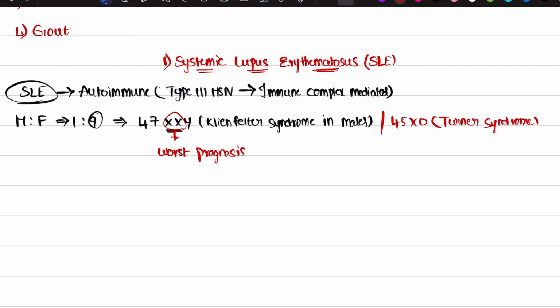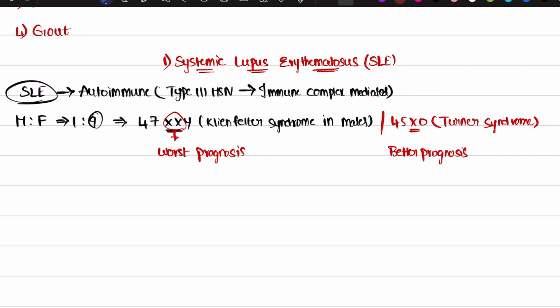In Turner syndrome, there is only one X chromosome when compared to Klinefelter syndrome. That's why it has a slightly better prognosis. Both of them have a bad prognosis, but Turner syndrome has a better prognosis than Klinefelter syndrome.